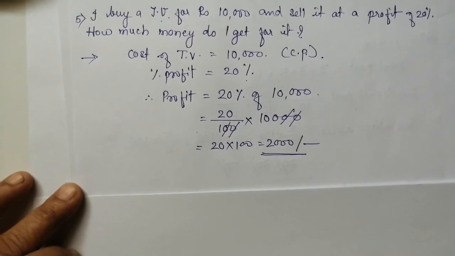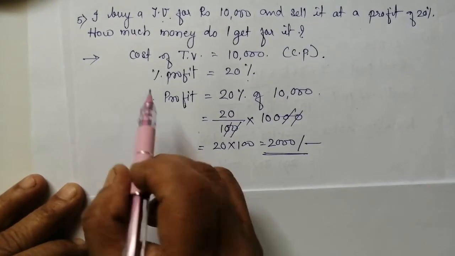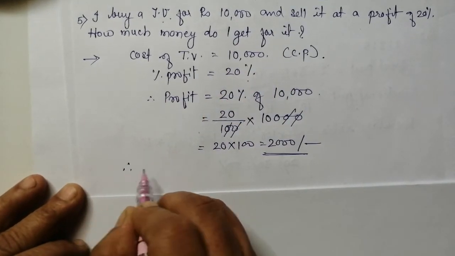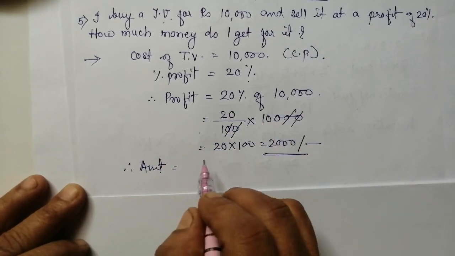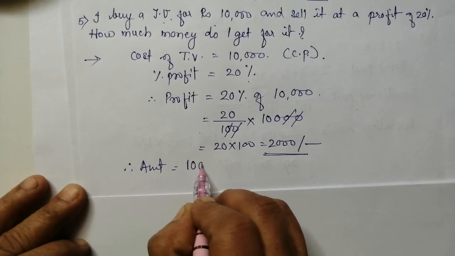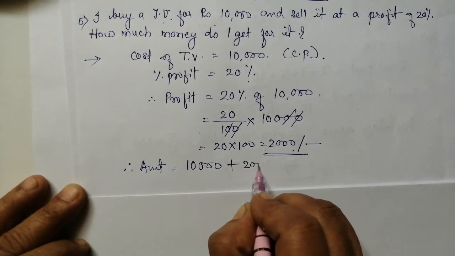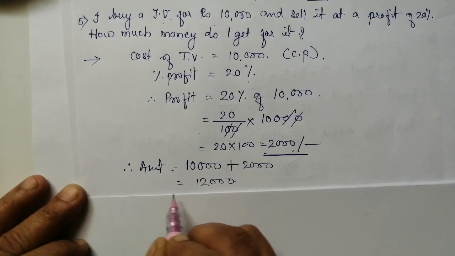If I got 2,000 rupees profit, how much money do I get? So amount is equal to the original cost, 10,000 rupees, plus profit 2,000, is equal to 12,000 rupees.